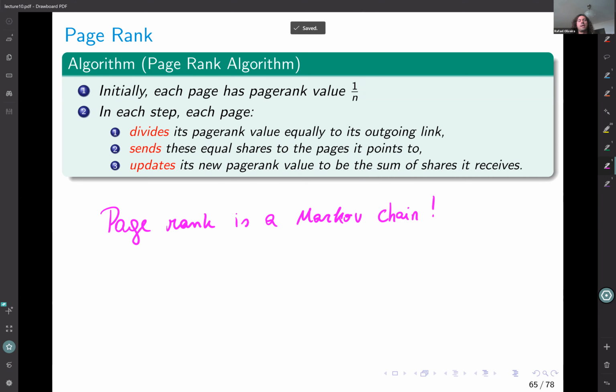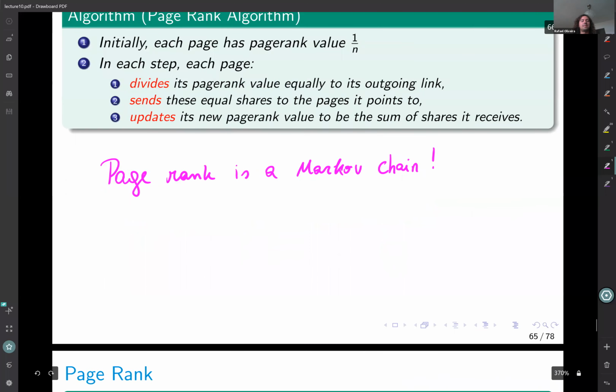Now, once we know that PageRank is a Markov chain, we can just run it until it converges to the stationary distribution. Because the stationary distribution is the distribution when the ranks stabilize, right? No matter how much I iterate further, we're good. So now I have stabilized, right? And what is this simulating?